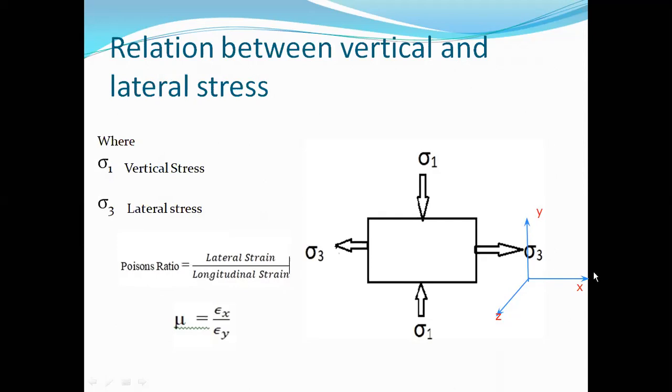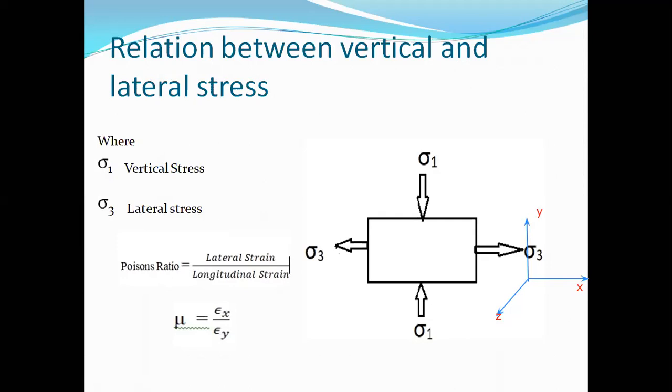If I take x, y, and z, and let's say the x direction is lateral and y is longitudinal, then lateral strain is epsilon x by epsilon y. This is exactly the definition of Poisson's ratio.